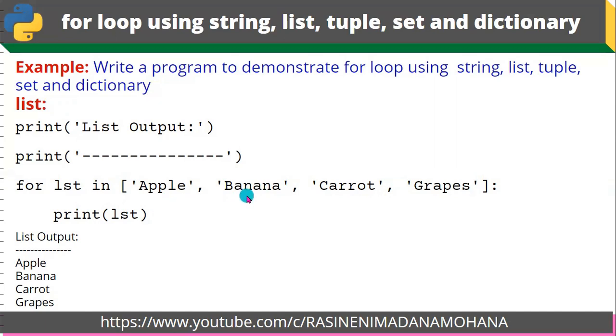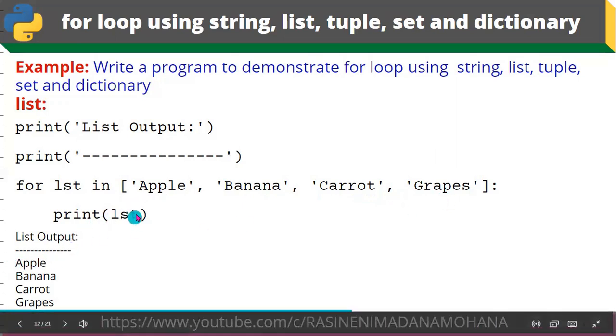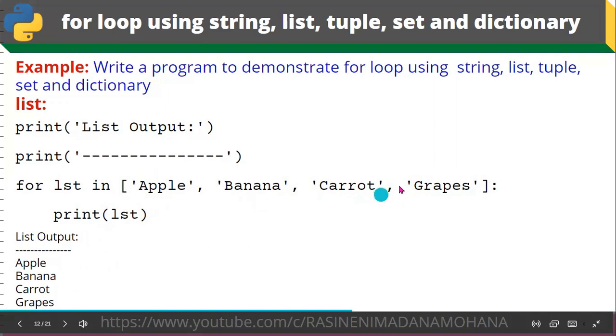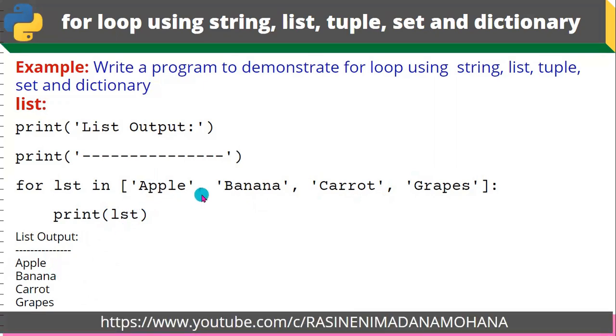Then I equal to 2, banana. I equal to 3, carrot. I equal to 4, grapes. Then string wise it displays values based on the index. So when you print the list, the first one displayed is apple, the second banana, third carrot, fourth grapes. Like a string displays character by character, in the list the values are displayed in the same order. So that is the for loop with the list.